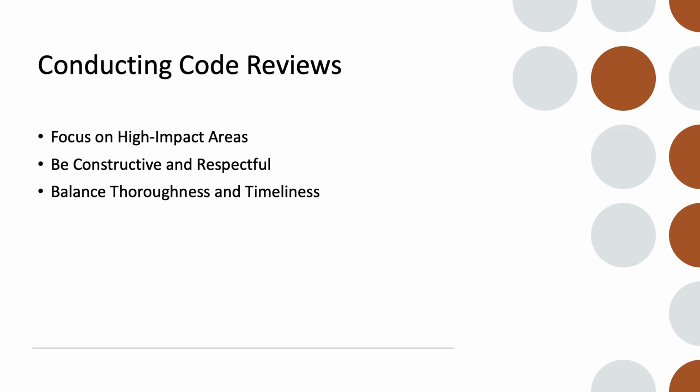Also, reviewers should approach code reviews with a constructive and respectful mindset, offering feedback that is specific, actionable, and respectful of the author's efforts. It is important to strike a balance between providing thorough feedback and respecting the author's time and effort.